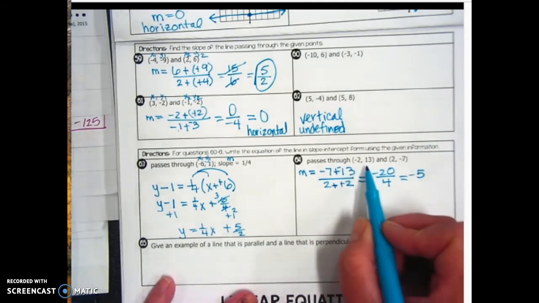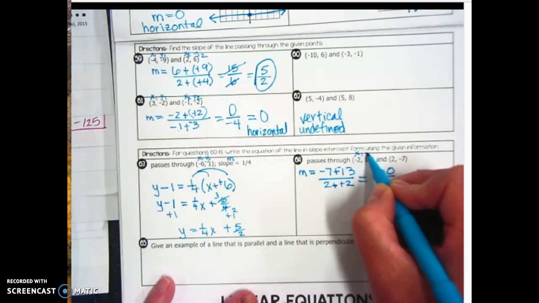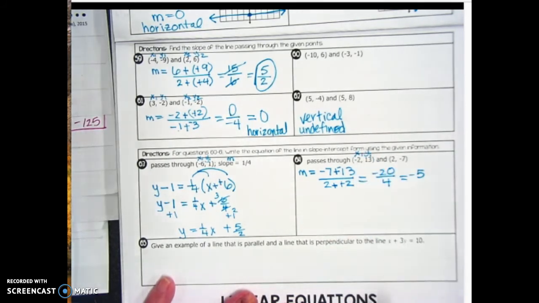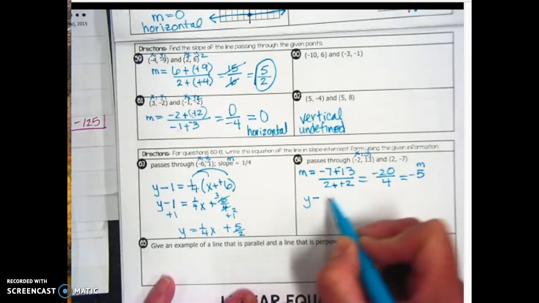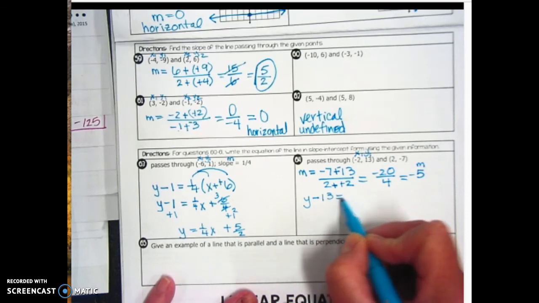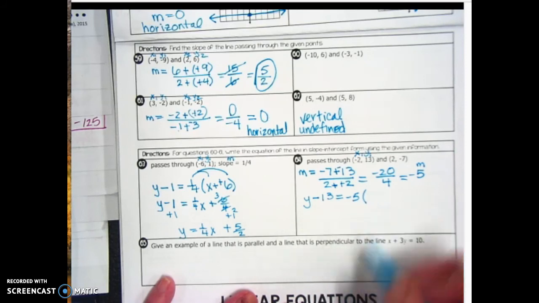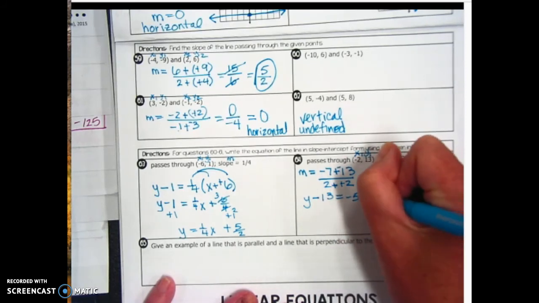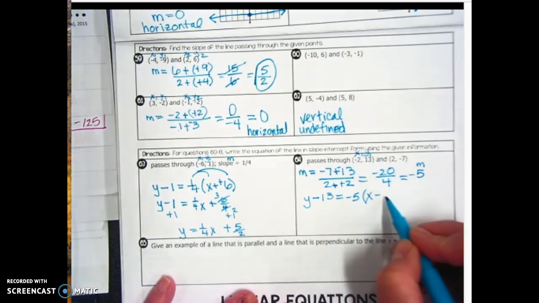So now we need to pick a point. Let's pick that first one. We'll use that as our x1 and our y1. We'll use this as our m, obviously. And we're going to use that point slope formula again. So we're going to say y minus our y1, which is 13, equals our slope m of -5, parentheses, x minus x1, which is -2.